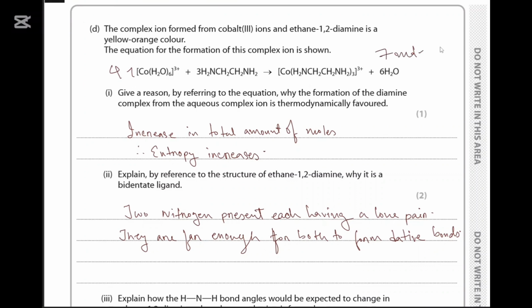So more particles are produced from this reaction, therefore there is more disorder. Since there is more disorder and more randomness, the entropy increases, and since entropy increases, this equation will be thermodynamically favored.